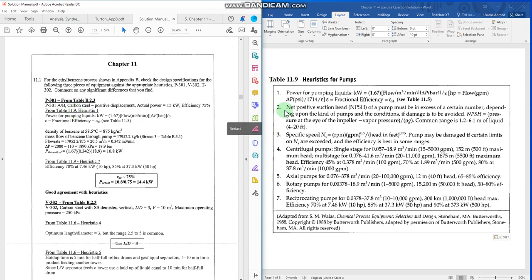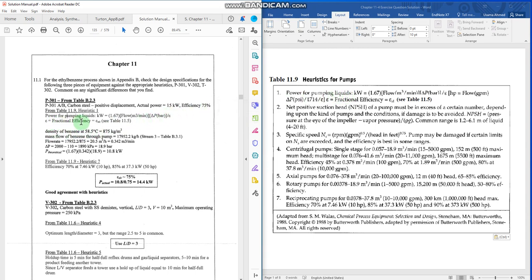So the heuristic number 1, we can see here, power for pumping liquids in kilowatt is 1.67 multiplied by flow rate multiplied by delta P, and you would get the value for the power in kilowatt, and for the fractional efficiency you have to consider the table 11.5. However, the efficiency here is already provided to you, which is 75%, so we are going to directly use this one. So simply what we are going to do here is the power for pumping liquids in kilowatt. This is the same equation in the heuristic number 1 as I mentioned here.